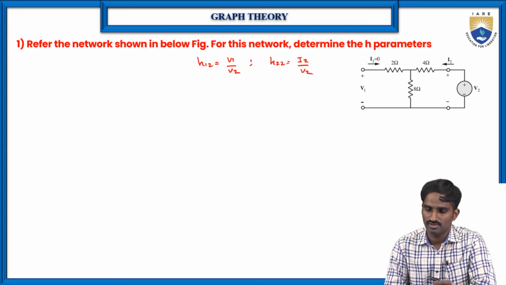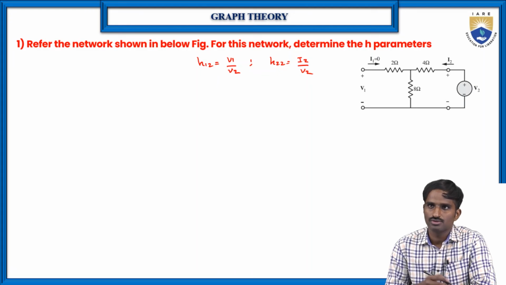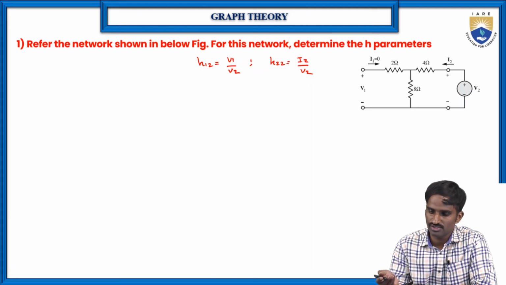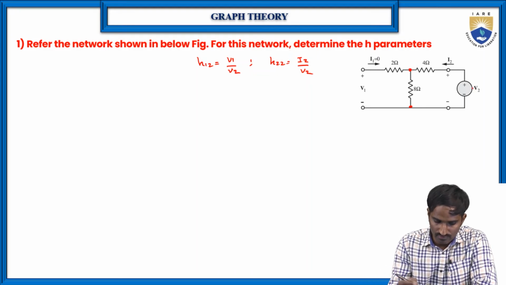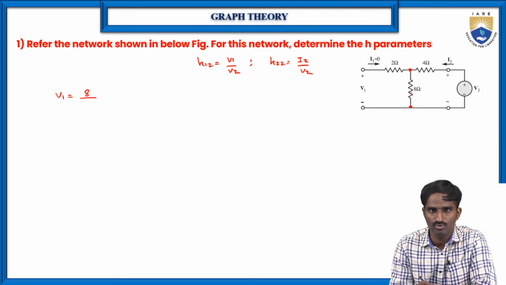Then how to find this one? Again, this is also simple. You just apply the voltage division rule. By applying the voltage division rule, you can get V1 by V2, because here V1 is the voltage across 8 ohms, and this is the V2. So we need to find the voltage across the 8 ohms resistor.